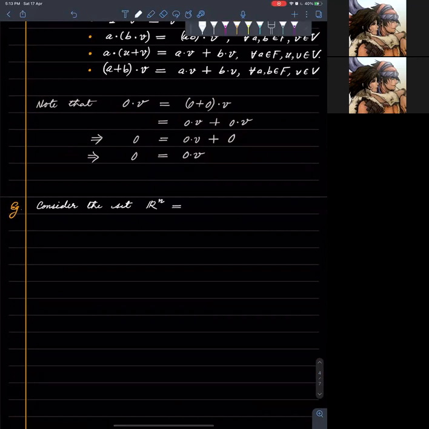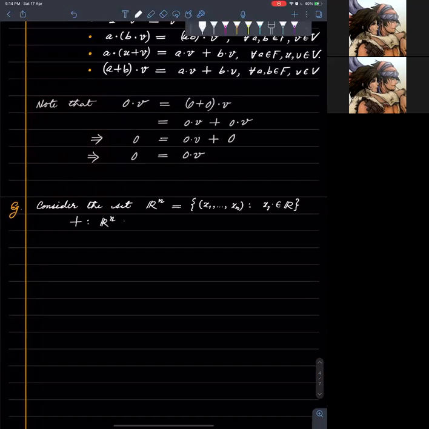So what is this set? This is just all n tuples of real numbers. So once we are given a positive integer n, we can form the set R^n, and we define addition.